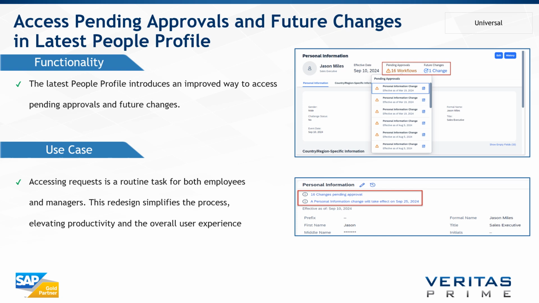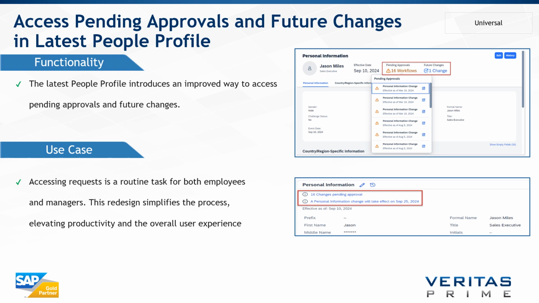This really needed redefining and simplifying the interface, and it also gives a better user experience in terms of what workflows are pending and what will be available in the future. If that information is available on the card itself, it's good for employees and managers mainly.